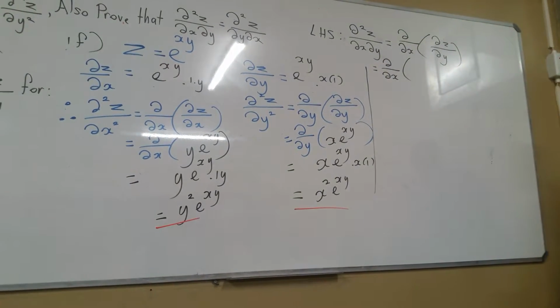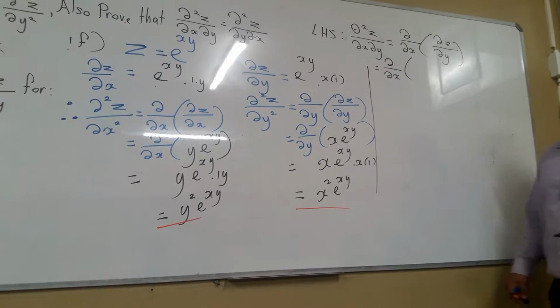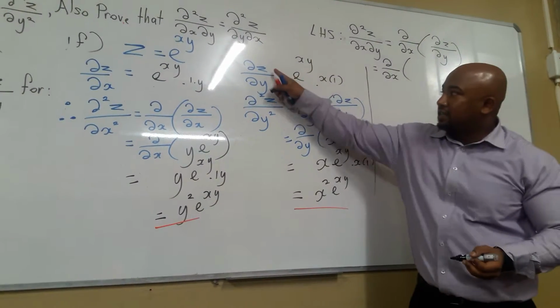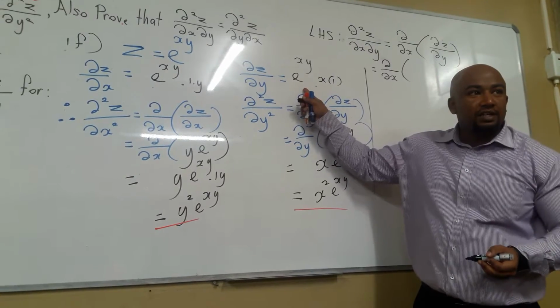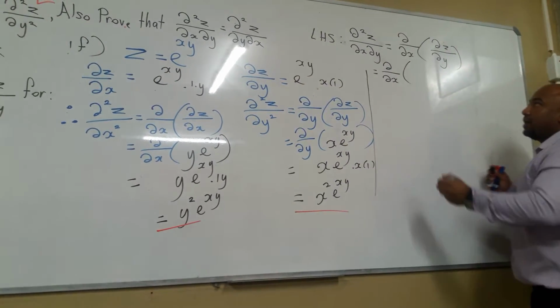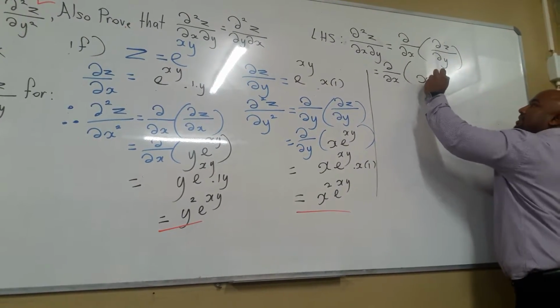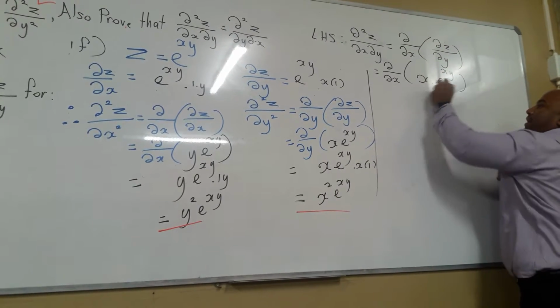So that will be d over dx. What was dz dy? Here is dz dy. We just found this one. Can you see that? So my dz dy was x e to the power xy.